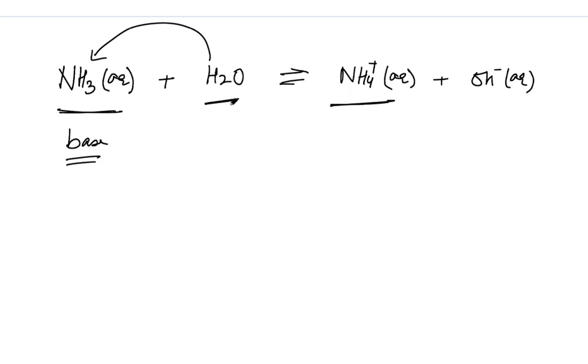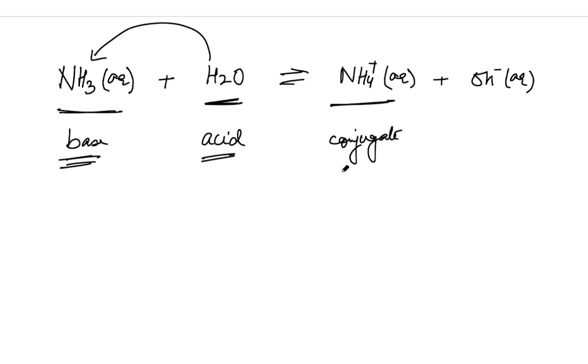In this case, water is donating H ion to ammonia, so water is behaving as an acid because it is donating a proton to ammonia. When this base takes one H ion from water, it changes to ammonium ion. So it is the conjugate acid of ammonia.